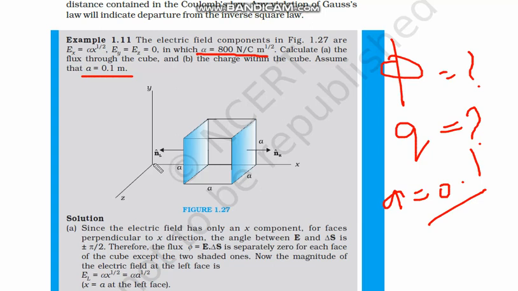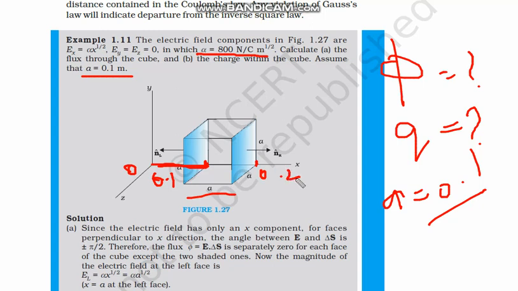If we see this diagram, the cube is kept at 0.1 meter from the origin, and the side of the cube is again 0.1. So the first face of the cube is 0.1 meter from the origin, and the second face of the cube is 0.2 meter.